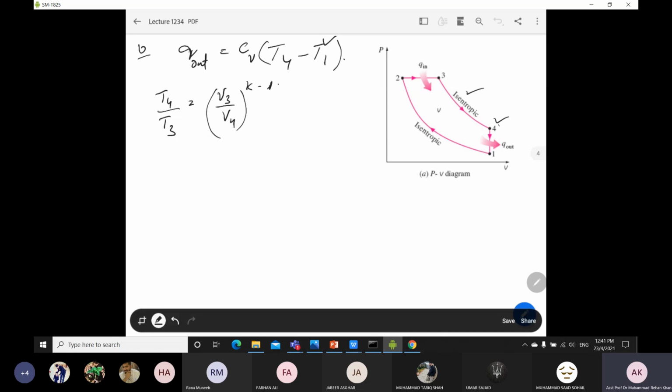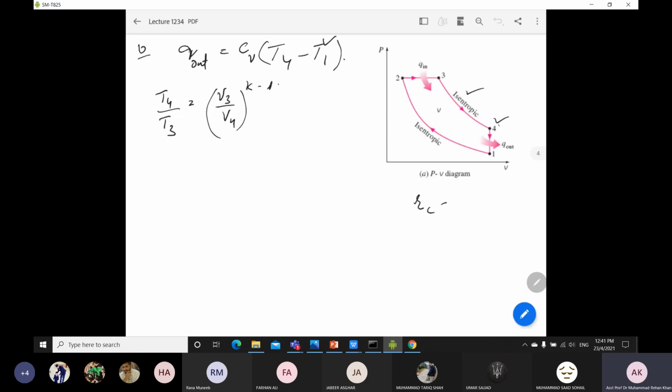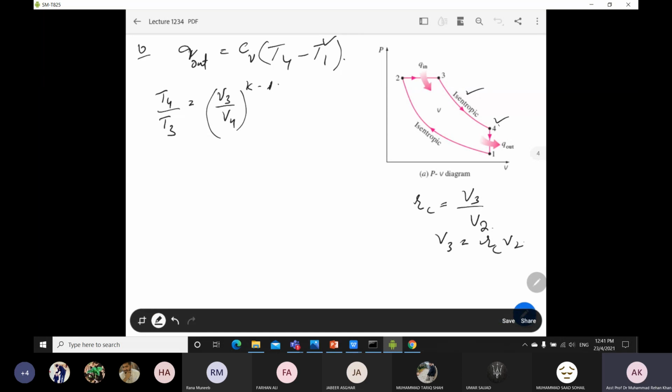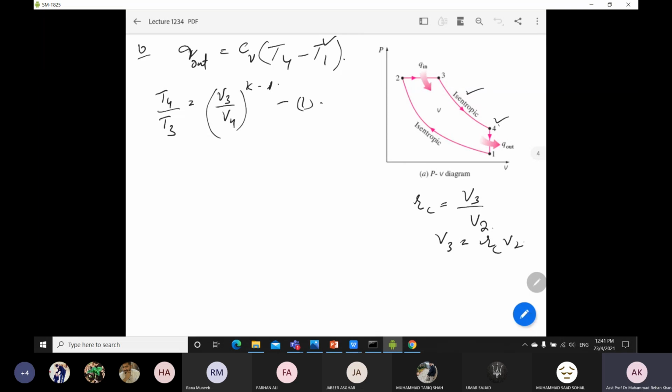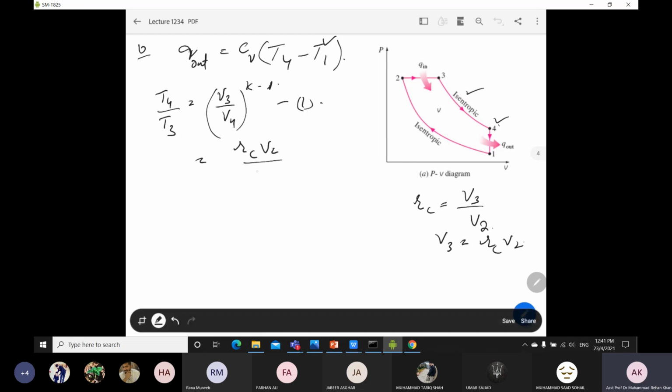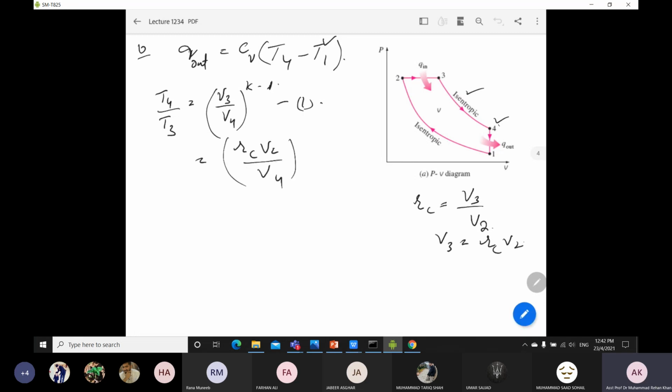Okay, so from here you already know that your cutoff ratio is V3 over V2, and you can say V3 is equal to RC V2. Okay, and you can put this value in, you can say it is equation number 1, and you can just put the value of RC V2 over V4, to the power K minus 1.